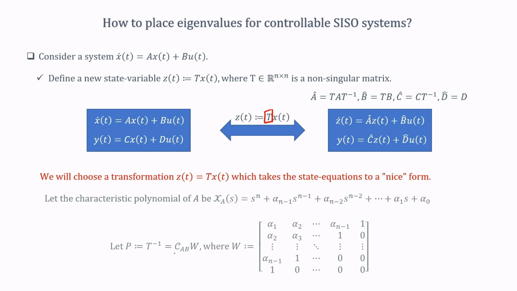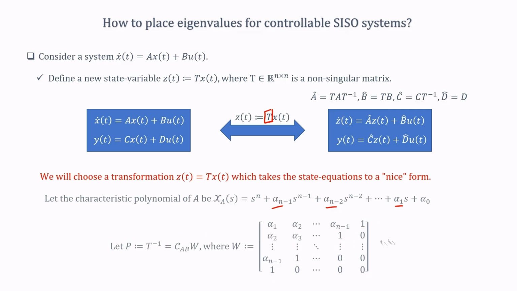T inverse is defined as the controllability matrix C_AB multiplied by another matrix W. The controllability matrix here is an n cross n matrix, because we are dealing with SISO systems, and W is also an n cross n matrix, and W is given by this form. Now, what is this matrix? Notice that this has a structure, and the elements here are the coefficients of the characteristic polynomial of A.